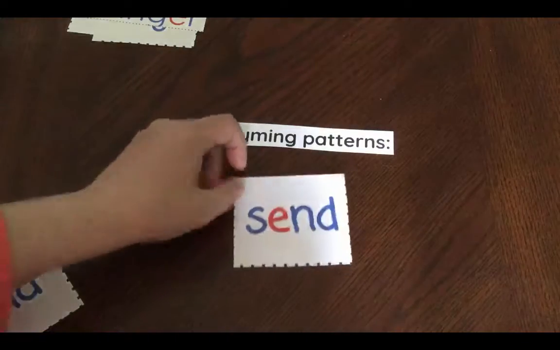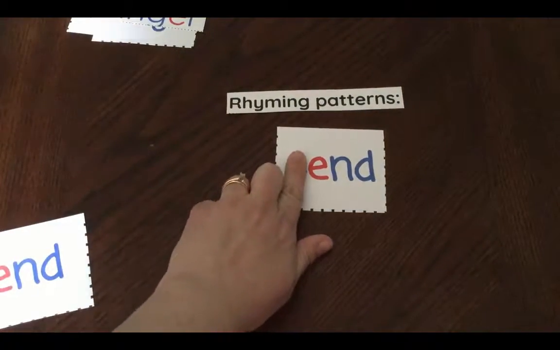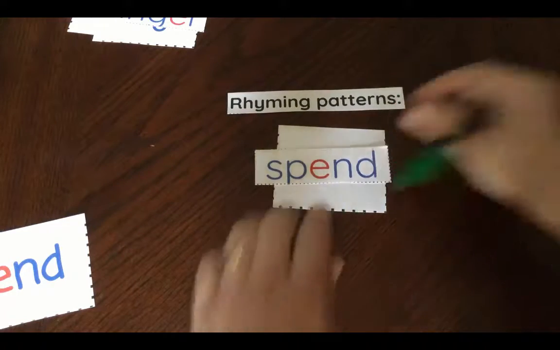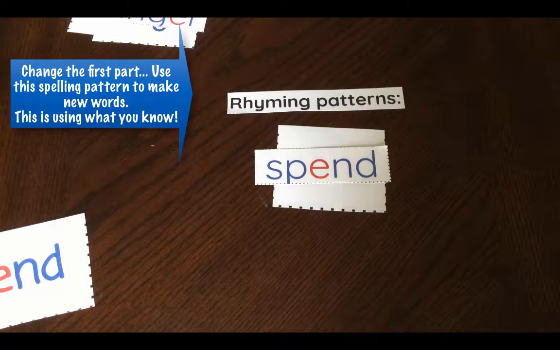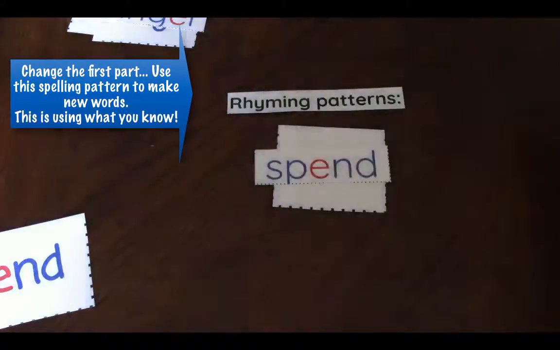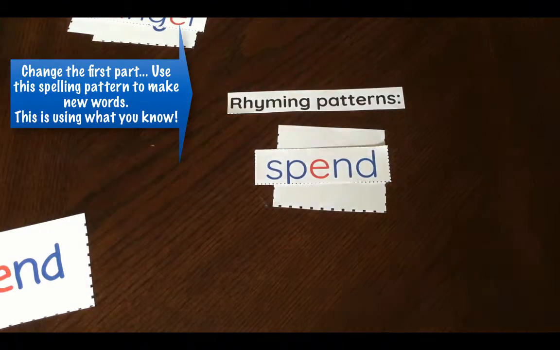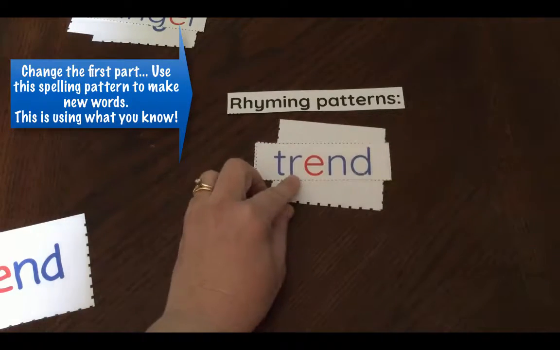Now, if I go back to the idea of send, again, I can change the first part, and send can become spend. Please make sure that you're adding these words to your list. I can change spend to trend.